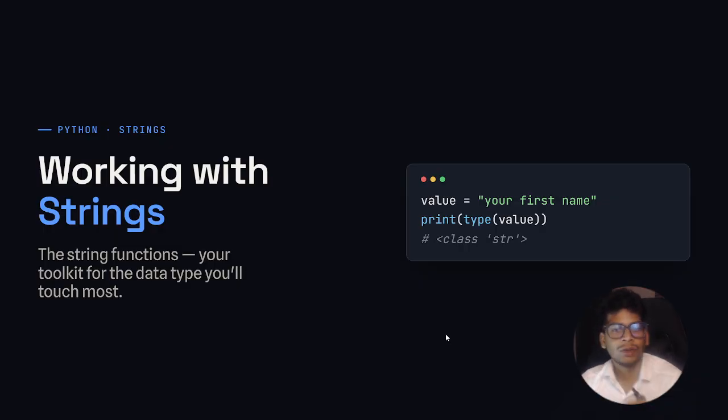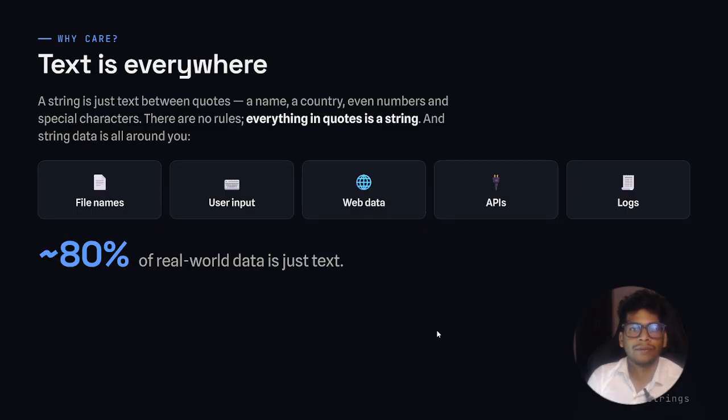Okay, so here we are working on our string functions, and from now on the approach will be that I will explain things using slides, and then we will go to VS Code and see how it actually runs. Now we will understand why string functions are so important, because they are used everywhere: in file names, or user input.